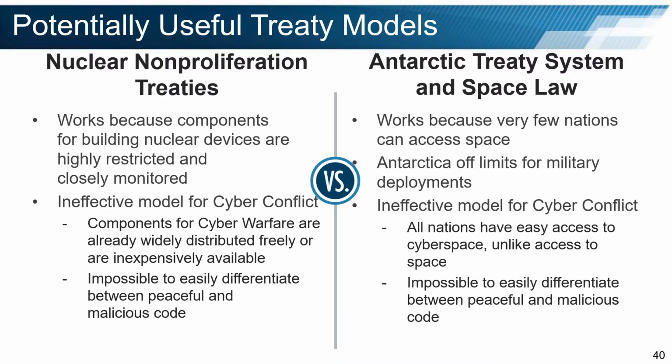These treaty regimes largely rely on the inaccessibility of Antarctica and space and the ease of monitoring access to these areas. These models will also be difficult to apply to cyber conflict, since access to cyberspace is trivial and it is nearly impossible to easily differentiate between peaceful and malicious code, especially when you consider security software.